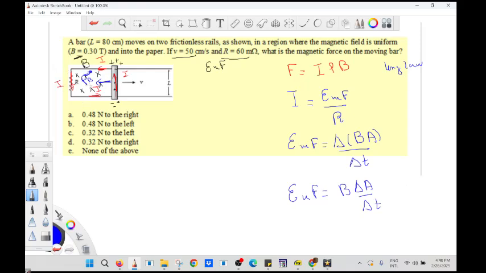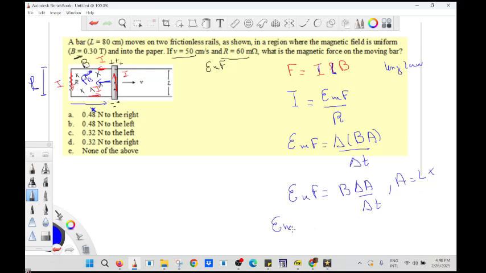So the EMF will be B times the change in area over time. If I call that distance here uppercase L, and that distance here x, you see x is changing with time. So the area is L times x.